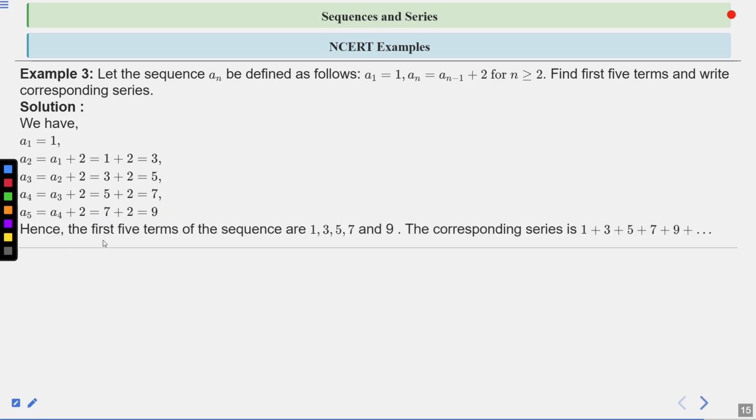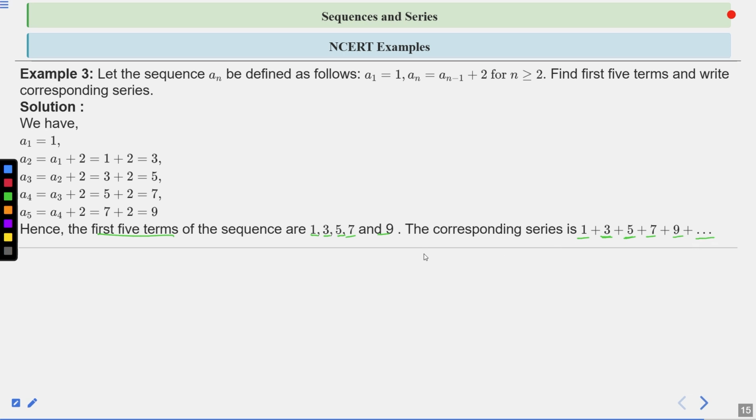Now it is very easy to find its corresponding series. So 1, 3, 5, 7 and 9 are the first 5 terms, and the corresponding series of this sequence is going to be 1 plus 3 plus 5 plus 7 plus 9 and so on.